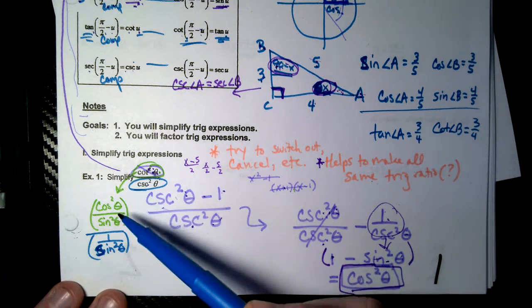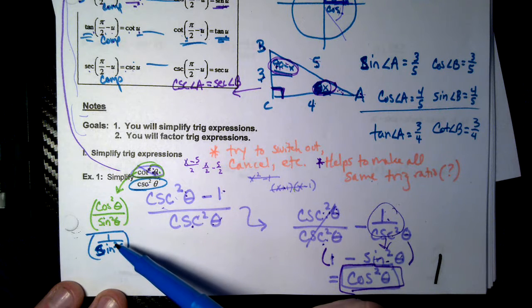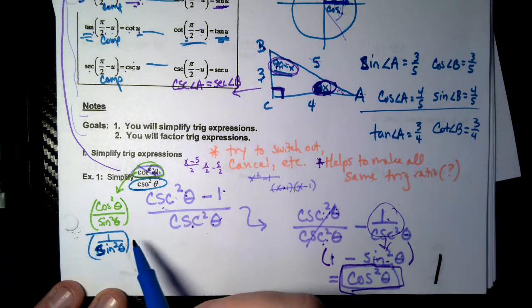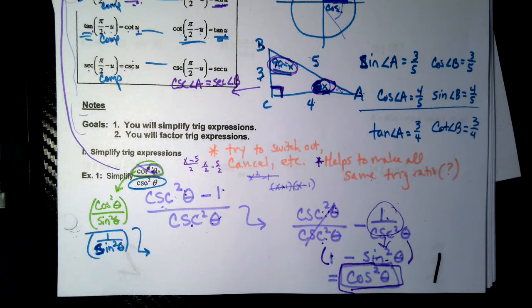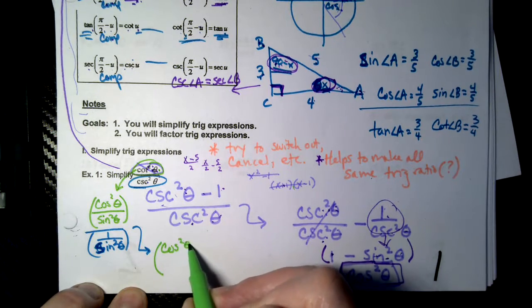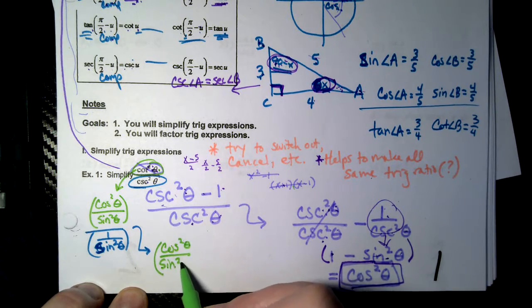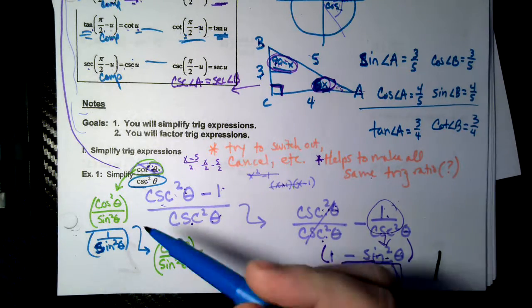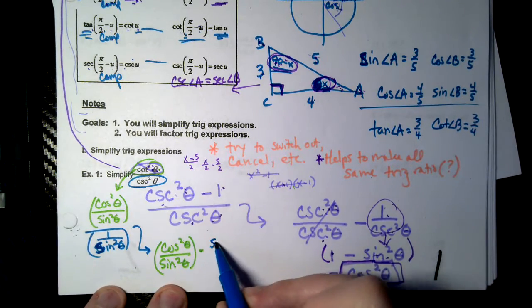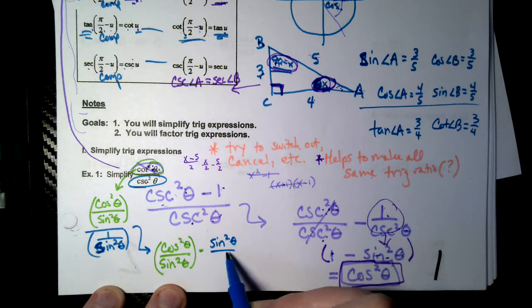But hold on a second. It's a fraction divided by another fraction. And what I can see is the sine squareds are going to line up. So if we took the top fraction, cosine squared theta over sine squared theta, and multiply by the reciprocal, when you divide fractions, you multiply by the reciprocal, sine squared theta over 1.